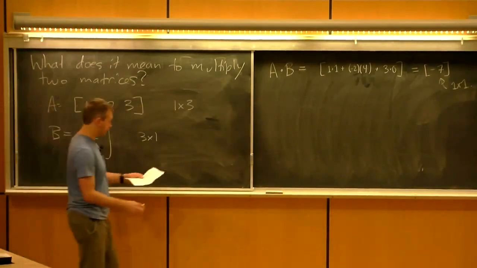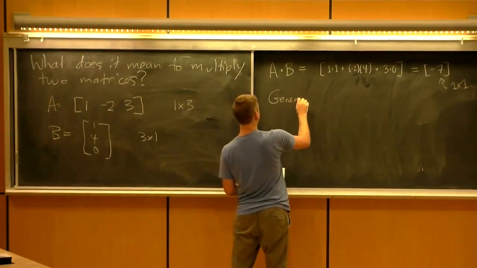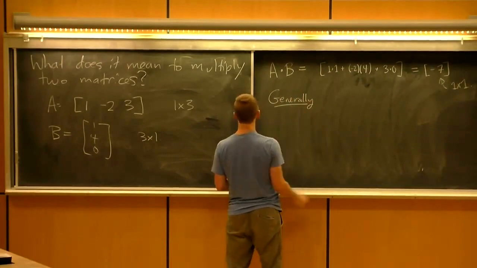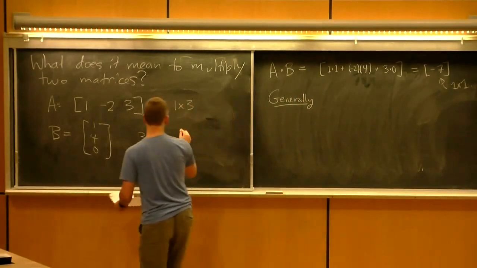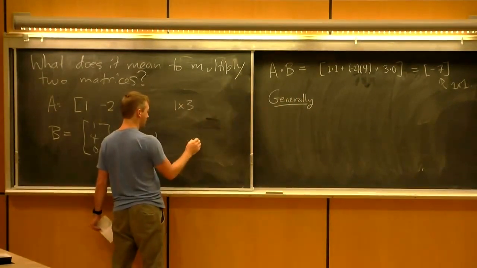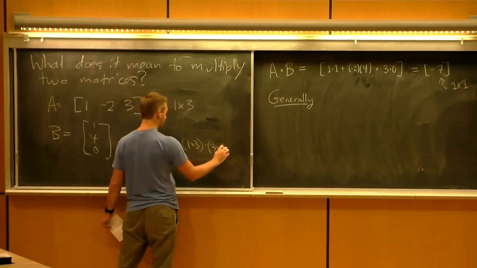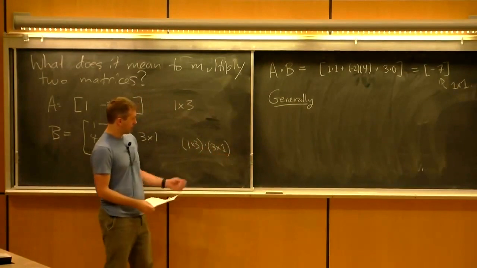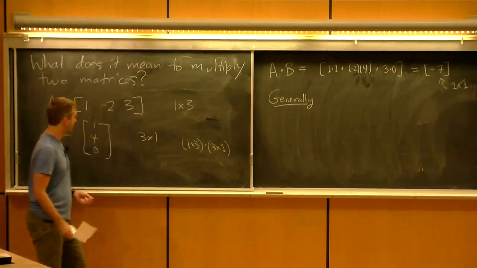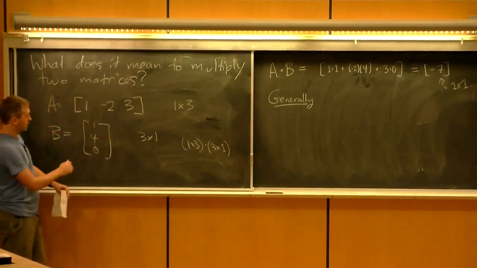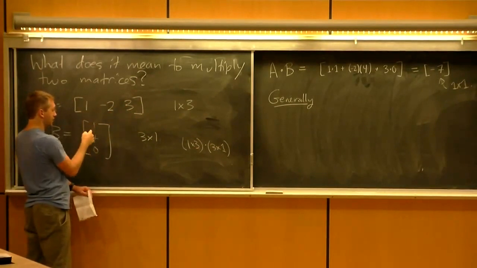So generally speaking, here what I did was I took a 1 by 3 matrix multiplied by 3 by 1. And it's kind of important that these 3's are the same number, because each entry here gets multiplied by an entry here.